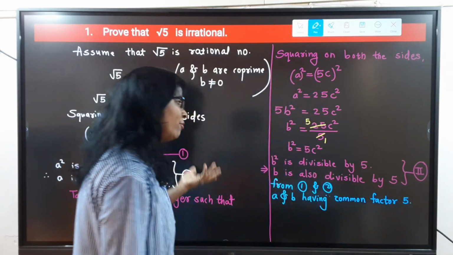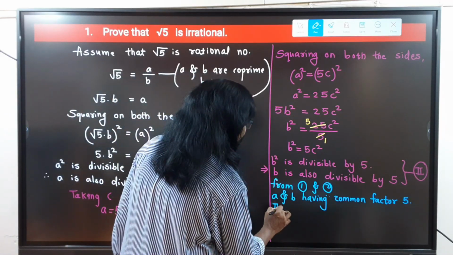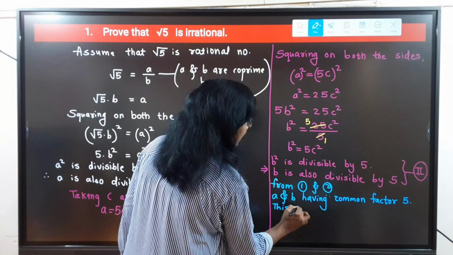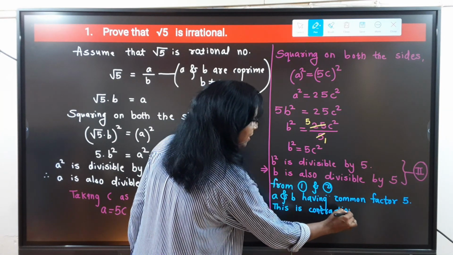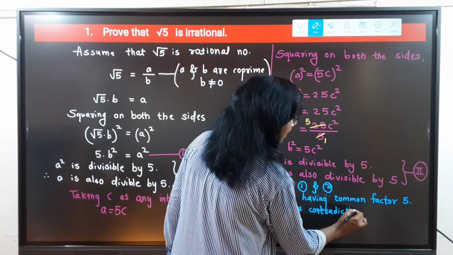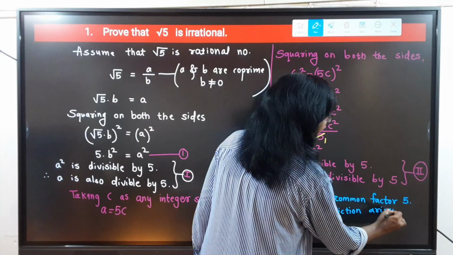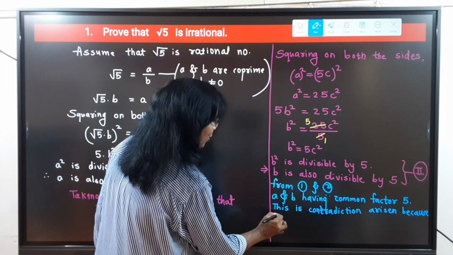Okay students, but now it is a contradiction. It is not possible. So this is a contradiction, and this contradiction arises because of our wrong assumption.